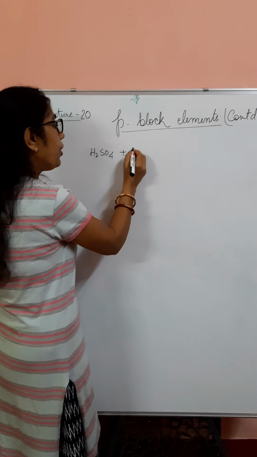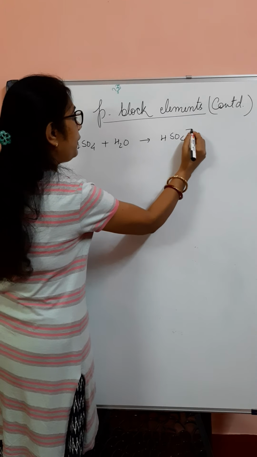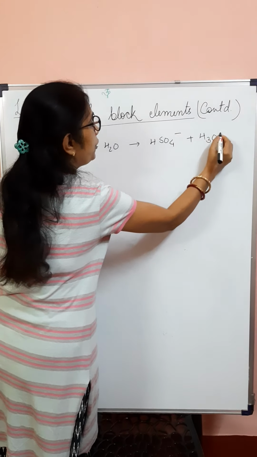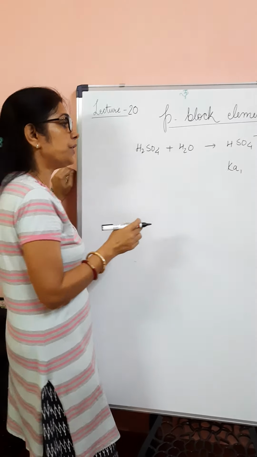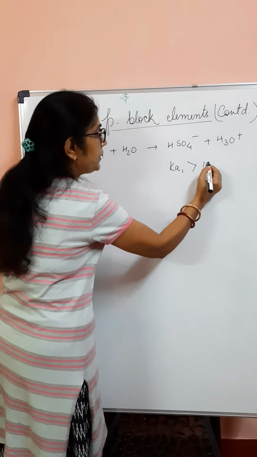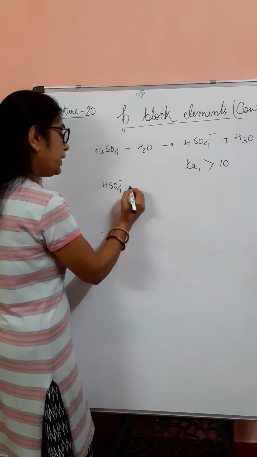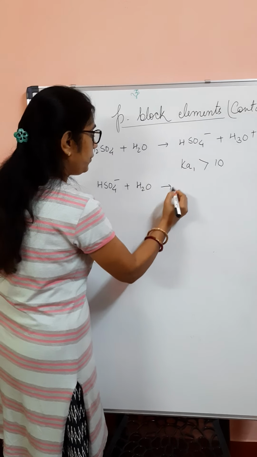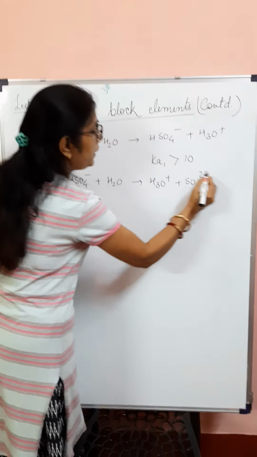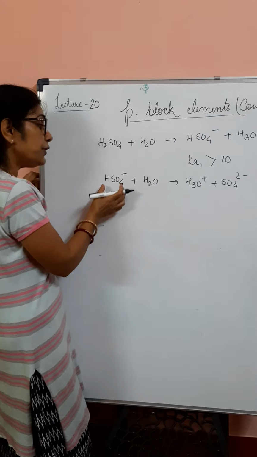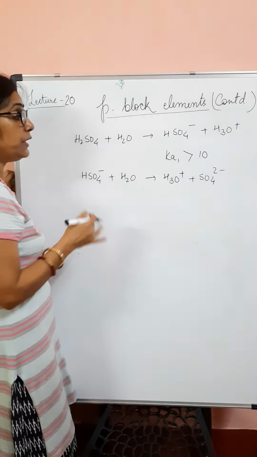When it is dissolved in water, it forms bisulfate ion plus H3O+, and in this case the first acid dissociation constant Ka1 is greater than 10. Further, HSO4- plus H2O gives H3O+ and SO4 2-, or you may also write it as H2SO4 plus H2O giving H3O+ and SO4 2-, 2 moles of H+.